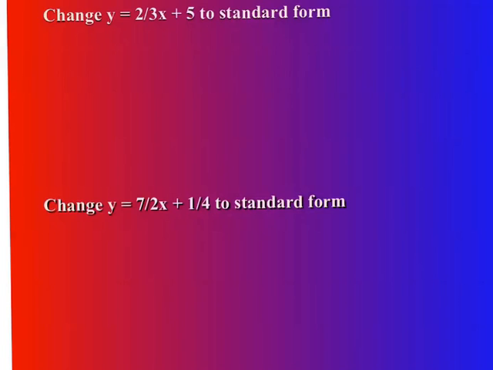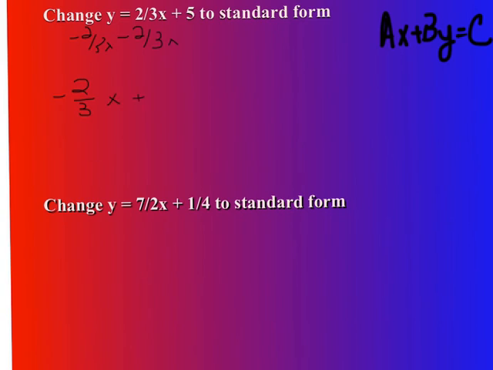So that is the zero of my function. So remember, to change something into standard form, first of all, we know that standard form is ax plus by equals c. And all you would have to do here on this first example is rearrange it such that the x's and the y's are on one side. So I have negative 2/3 x plus y equals 5. Now this is fine except that negative 2/3 is not an integer. So what I'm going to do is look at all of my fractions in the entire equation.